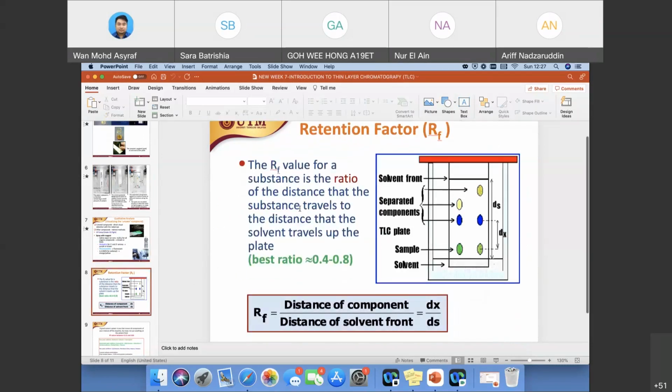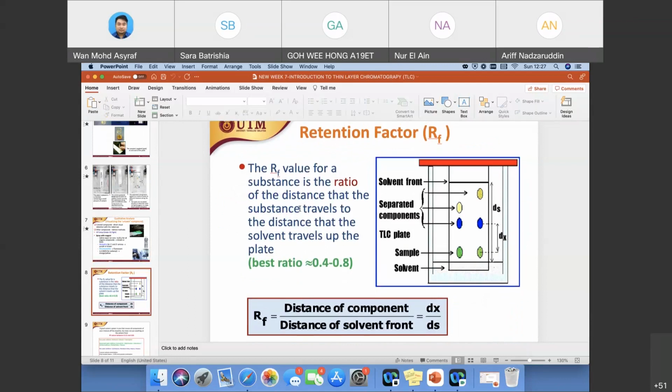Now we are going to look at the retention factor. The retention factor, or Rf value, is the ratio of the distance that the substance travels to the distance that the solvent travels up the plate. It may be quite a mouthful, but Rf value is the distance of the component divided by the distance of the solvent front.